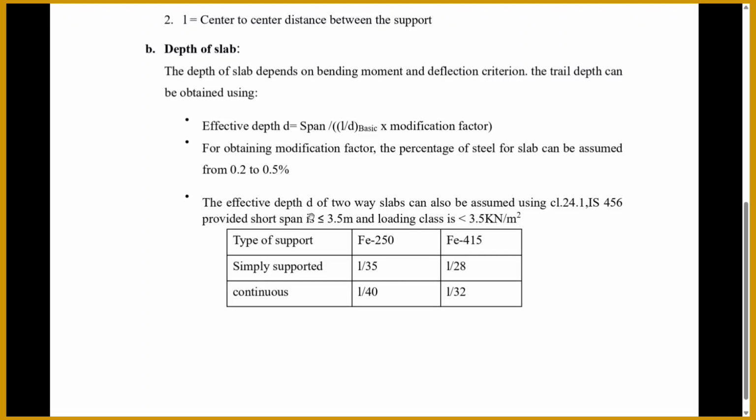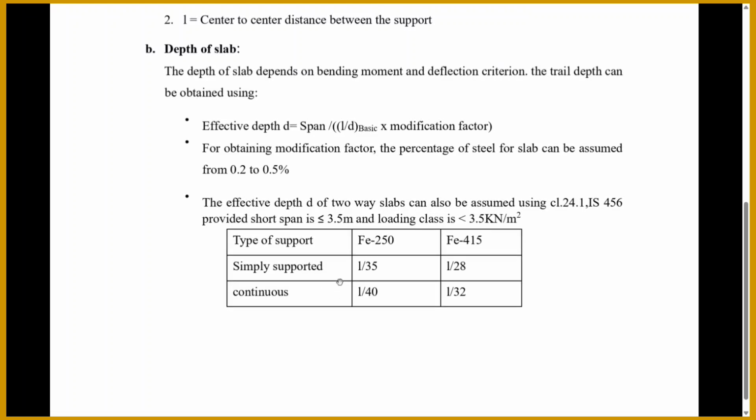Next, the effective depth D of a two-way slab can also be assumed using clause 24.1 from IS code 456. The provision is, if the shorter span is less than 3.5 m and the loading is less than 3.5 kilonewton per meter square.